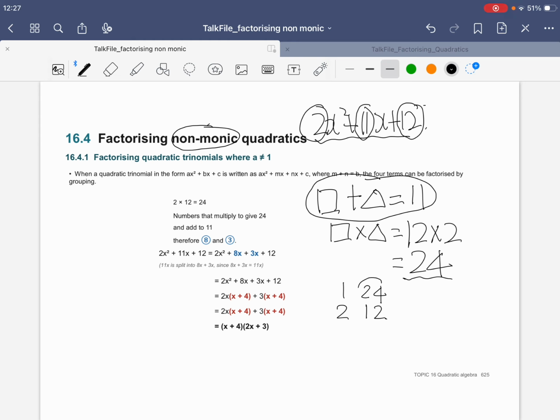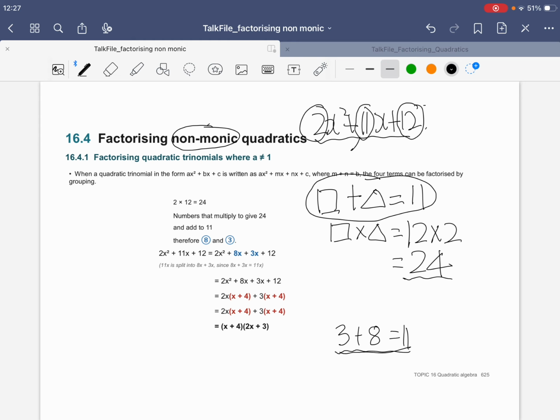So 24 and 1, 12 and 2 are not the answers we are looking for at the moment. The next one will be 3 and 8. When you add them together, you get 11. So this is the pair. No, sorry, that's not it. In monic quadratics, this was it, but now we have an extra step to take. 3 and 8, okay, great.